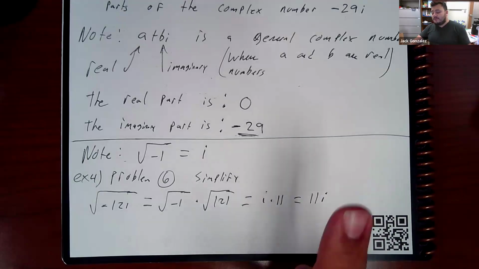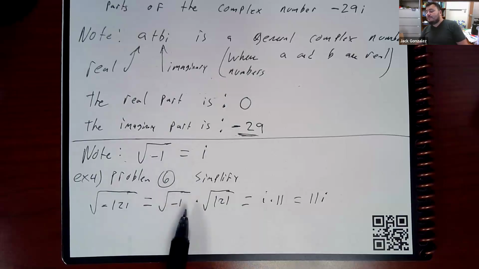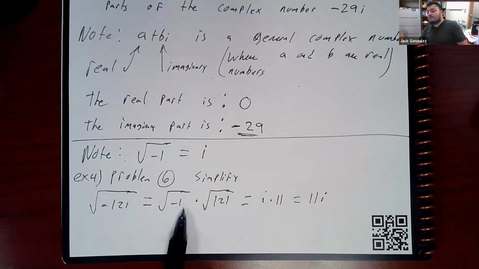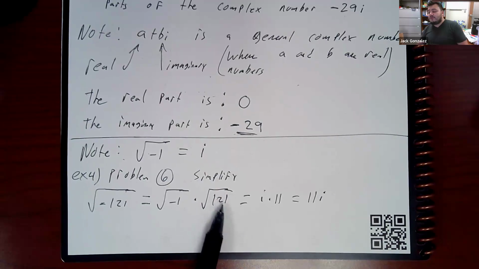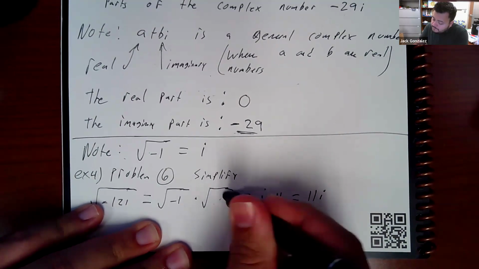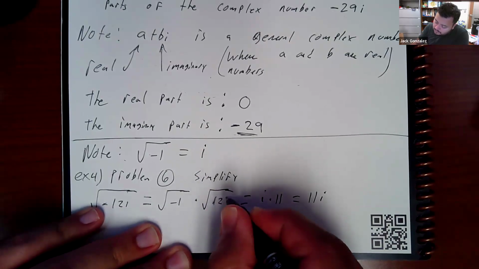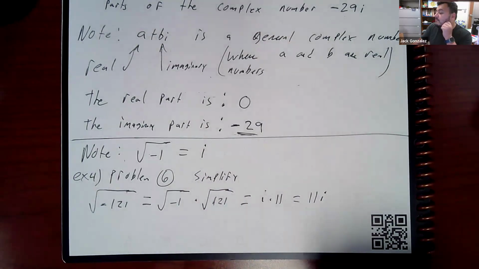So same as the first few examples, just note that if you see a negative, separate that first. And if you see stuff you can separate in here, separate that too. Let me write that better.